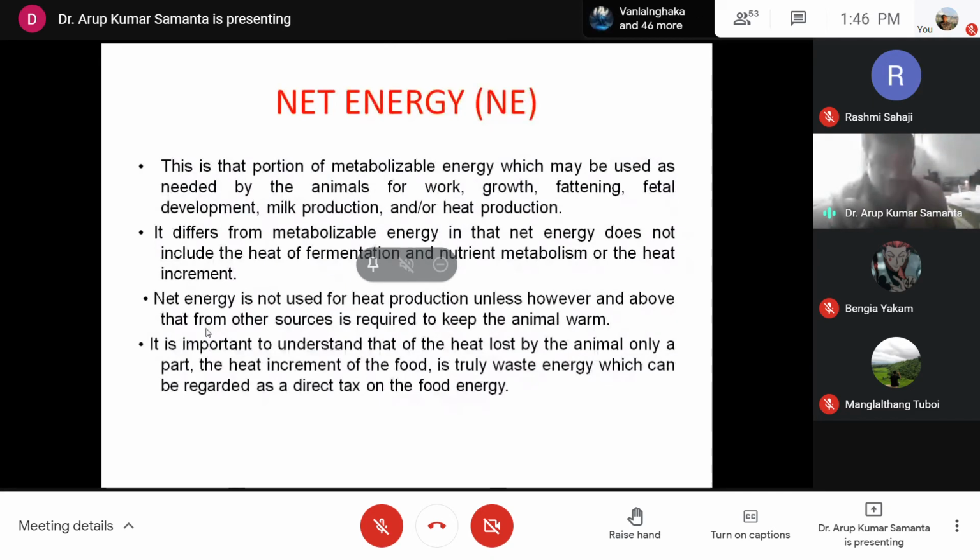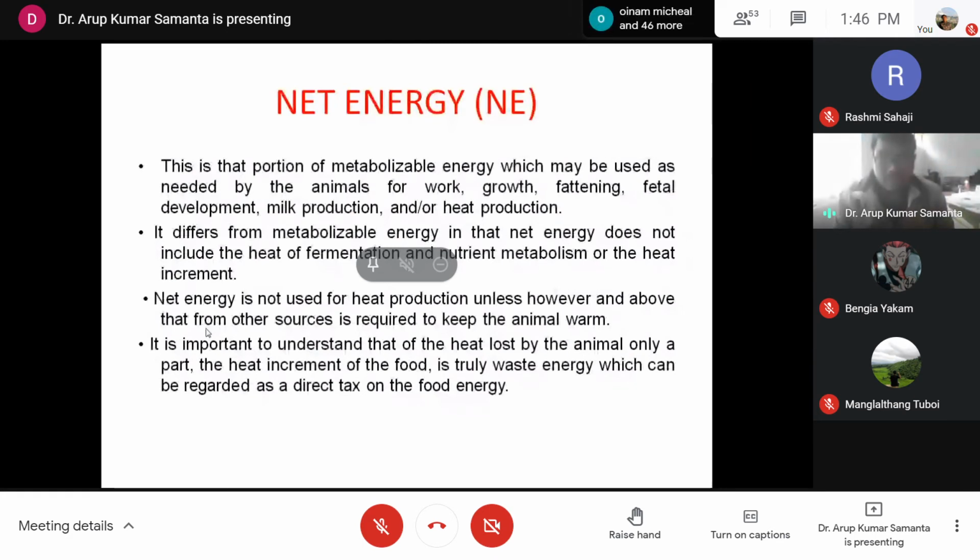So metabolizable energy minus heat increment is nothing but the net energy, and one should remember this net energy is the actual useful energy for different productive purposes.